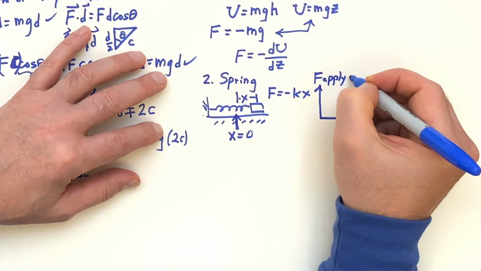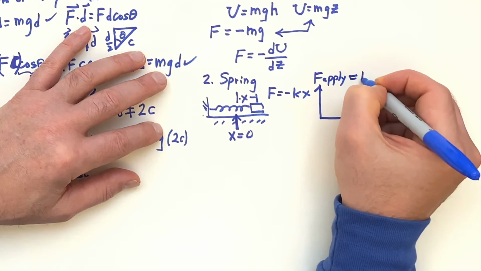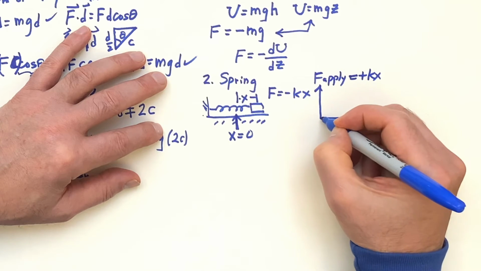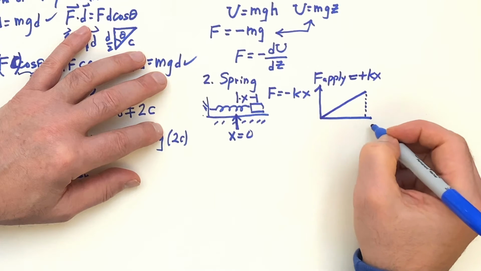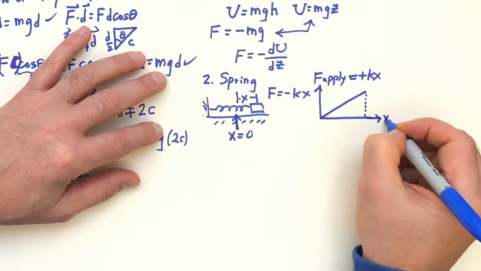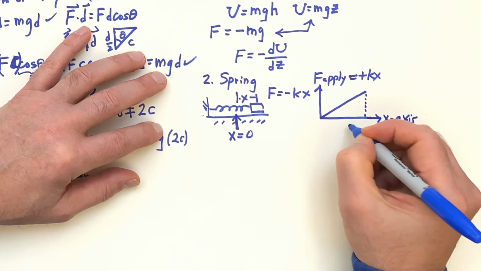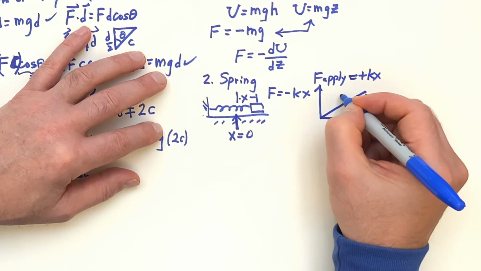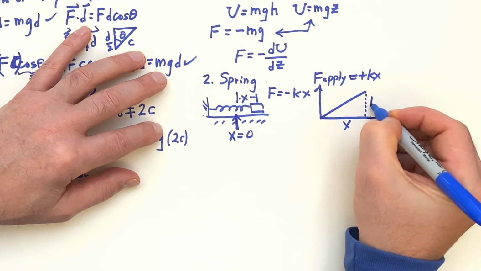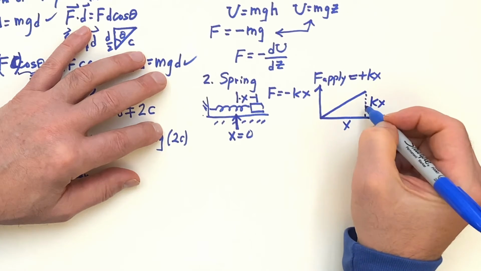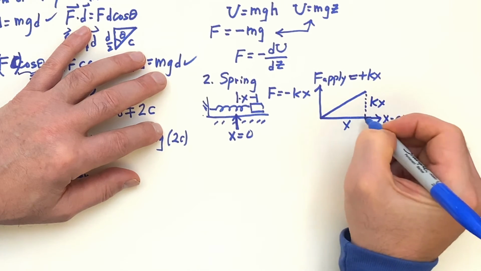So the force that I apply is going to be a plus kx, and that's going to go up like this, say. And here, this is your x axis, and say we pull up x. This is the force, and this height here is kx if we go to the point x.